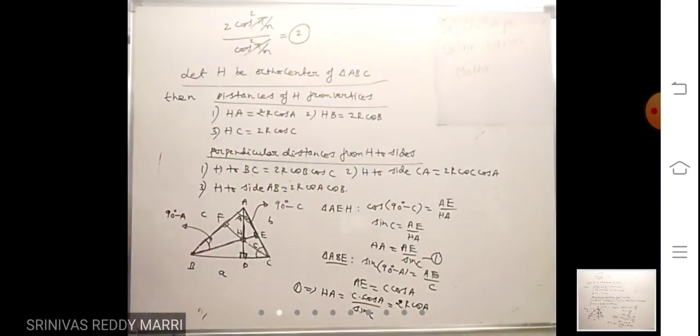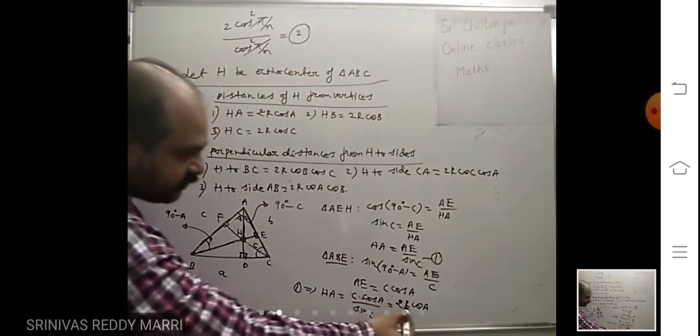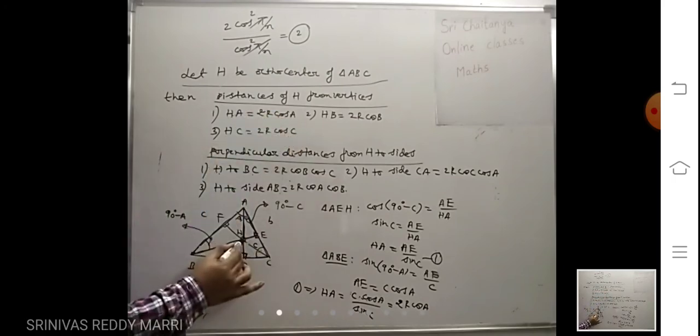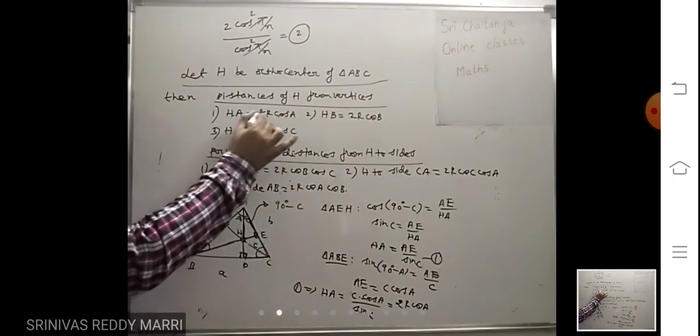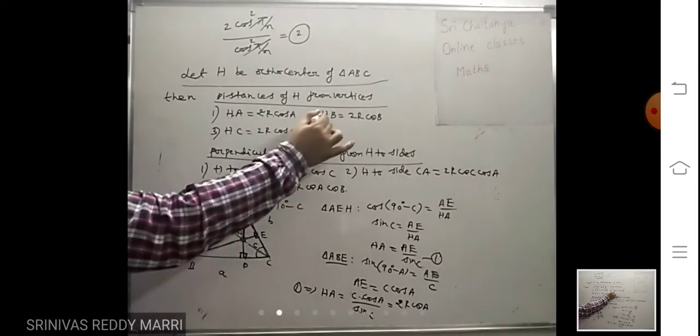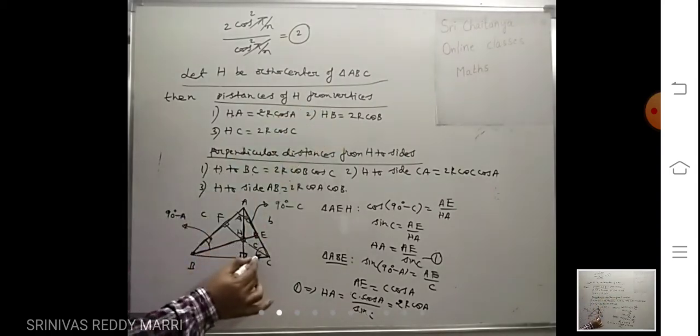So HA is 2R cos A. That is the formula. Distance of the orthocenter to vertex A is 2R cos A, to vertex B is 2R cos B, and to vertex C is 2R cos C.